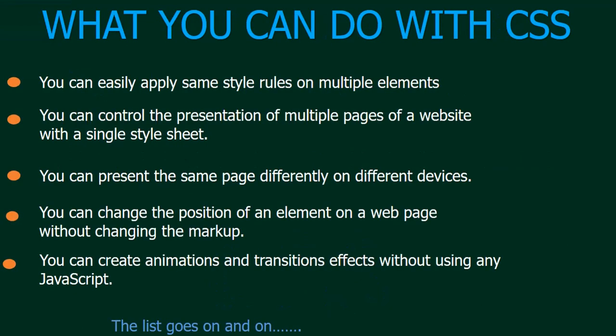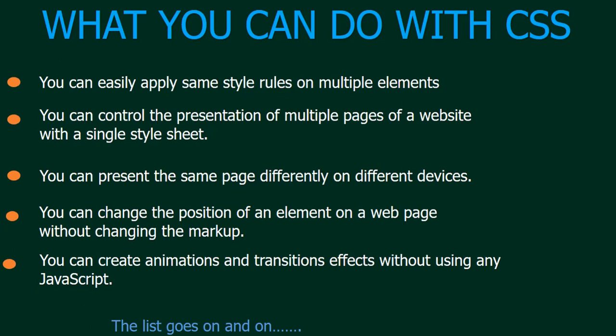With all this said, what can we do with CSS? With CSS, you can easily apply the same style rules on multiple elements. You can also control the presentation of multiple pages of a website with a single style sheet. You can present the same page differently on different devices. Also with CSS, you can change the position of an element on a web page without changing the markup.